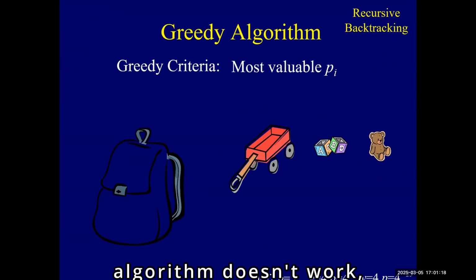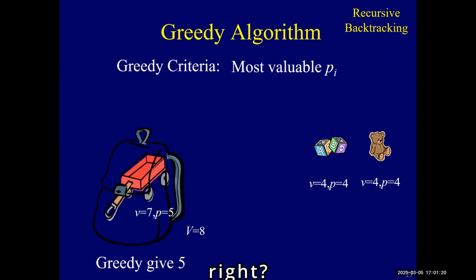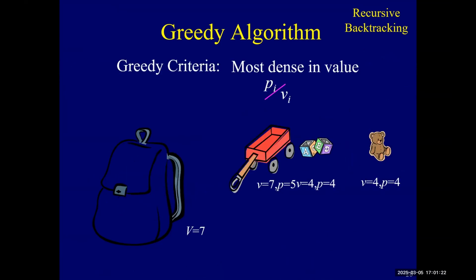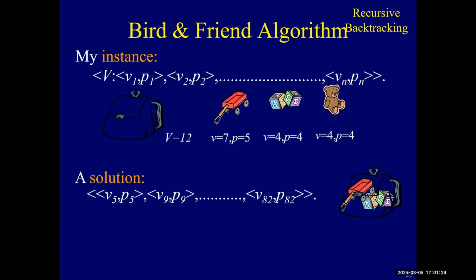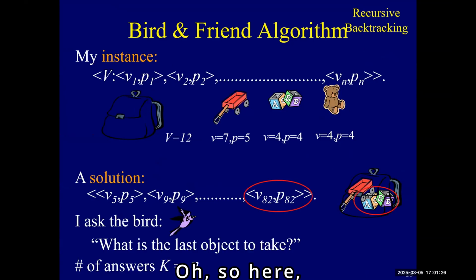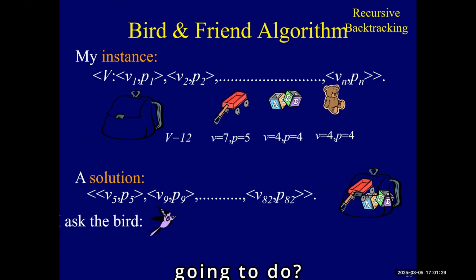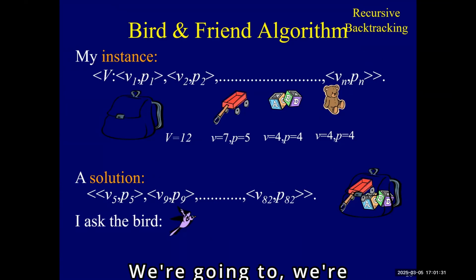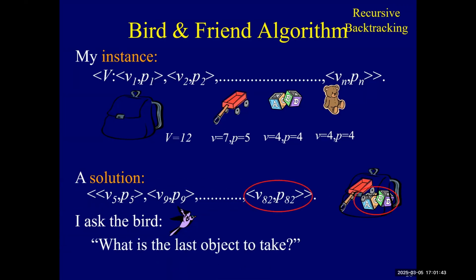Right, the greedy algorithm doesn't work. So here, what we're going to do, we're going to branch. I'm going to look at the last object, the bear, and I'm going to ask the bird, do I put it in or do I not put it in?